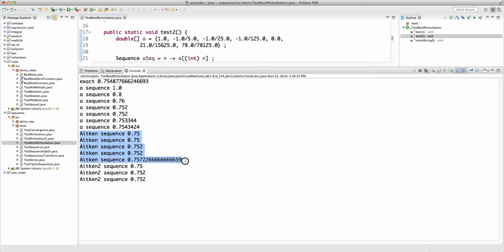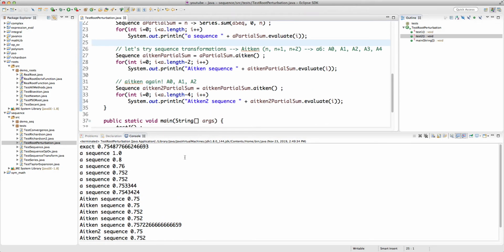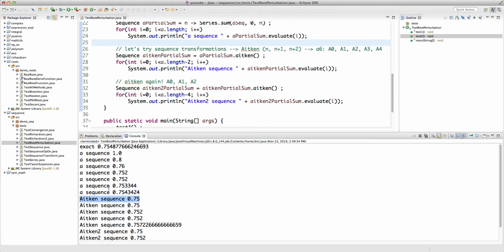Aitken sequence is this, and then the second Aitken is something like this, 0.752, and we have 0.7548. So as you can see, we're pretty close. Not as close as the original sequence, but still just by applying Aitken one time we get 0.75.